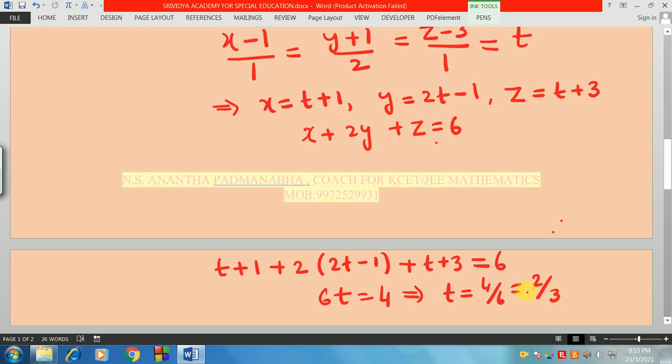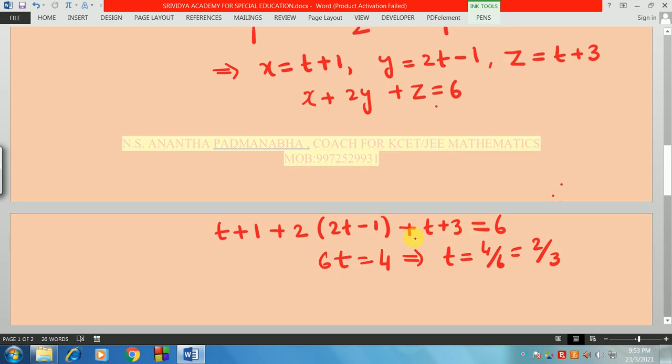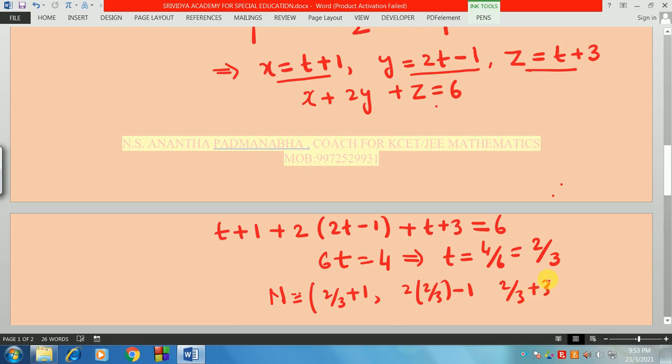Now we can find the foot of the perpendicular by substituting t equals 2 by 3 in x equals t plus 1, y equals 2t minus 1, and z is equal to t plus 3. Therefore N becomes (2 by 3 plus 1, 2 into 2 by 3 minus 1, and 2 by 3 plus 3).